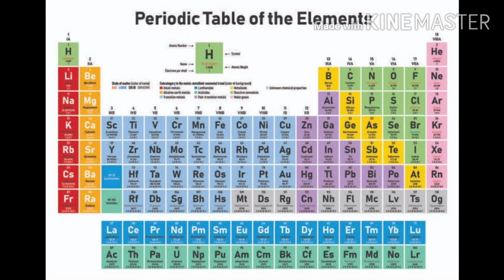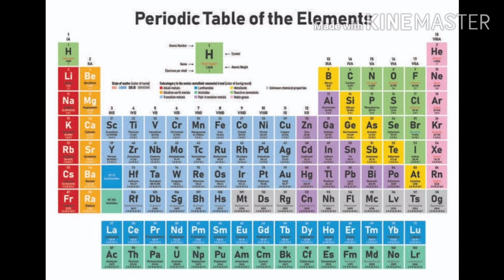This is the modern periodic table, and in this table there are 18 vertical columns known as groups and 7 horizontal rows known as periods. The first group elements are called alkali metals. Second group elements are called alkaline earth metals. Elements from group 3 to group 12 are called transition elements.